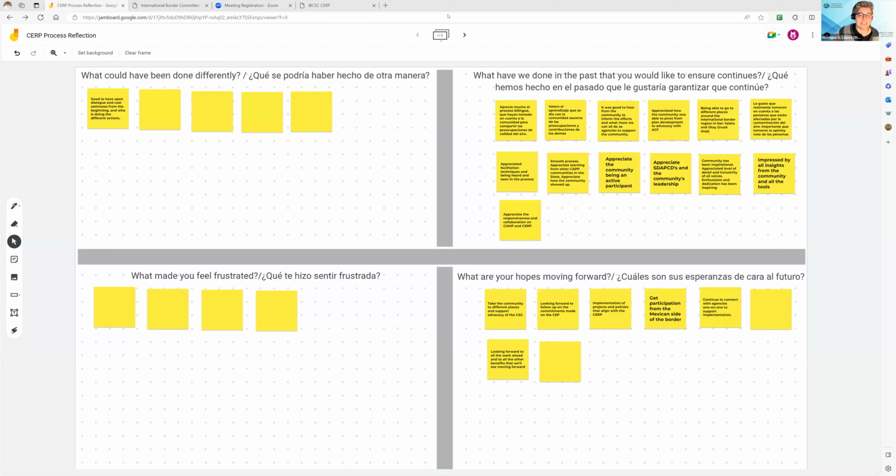Were there any moments that you felt frustrated in the process? Are there things that we've done that you'd like to ensure continue? And then lastly, what are your hopes moving forward? Maritza, if you feel like you're in a good place and would like to share, would love to hear if you have any reflections on how the process was for you.